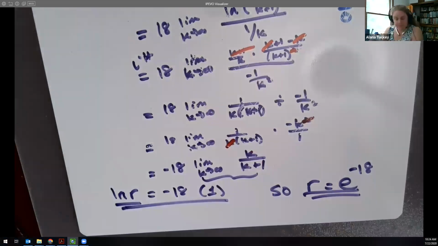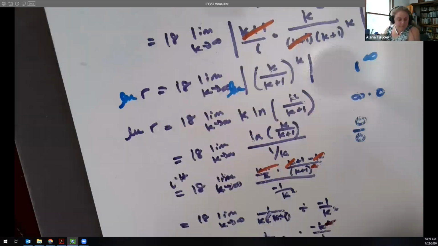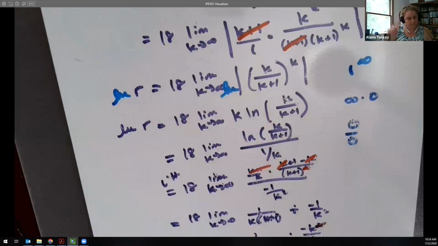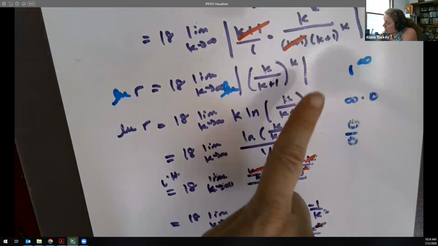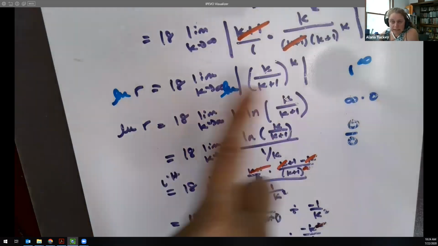Yes, Maribel? Why would you not take the natural log of the 18? 18 is a constant, so it doesn't really matter. Here, hold on. Hold that thought. Let me go back. You've already pulled it out of the limit, right? So when you're taking the log, you're taking the log of the limit part. You're trying to take the log of this part, not the part that's the 18, that's the constant.